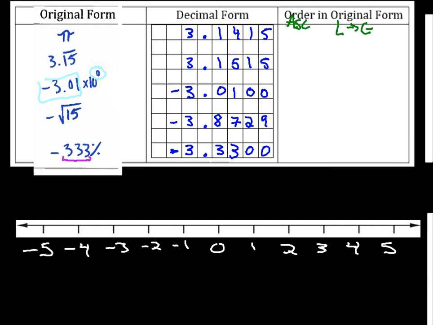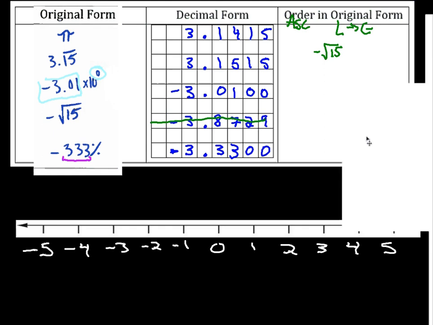So let's write that then. It's going to be, in original form, negative square root of 15, and you can cross that out. Again, let's cover up and see what we have.